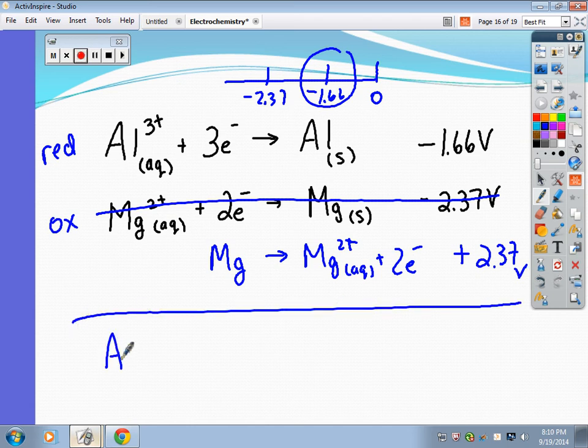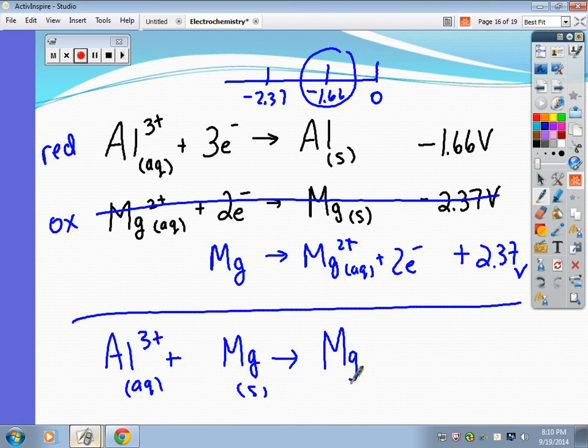So I have aluminum 3+, and I have magnesium. This is aqueous, and this is a solid. There's my arrow, and there's my magnesium 2+, and there's my aluminum solid.